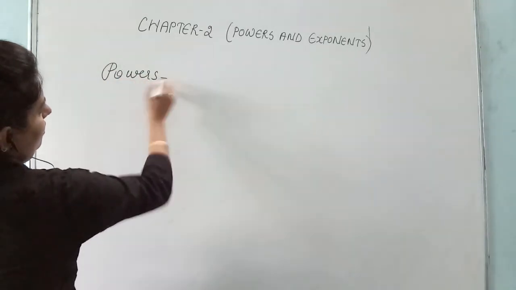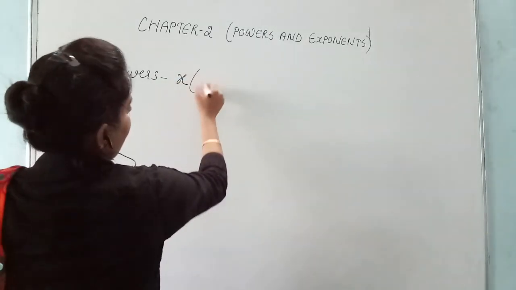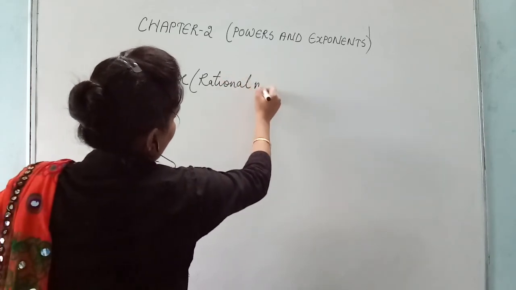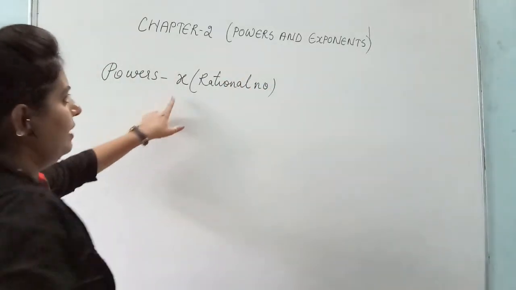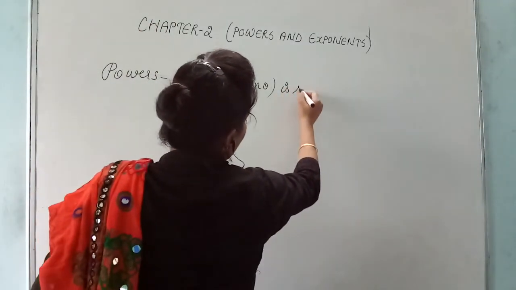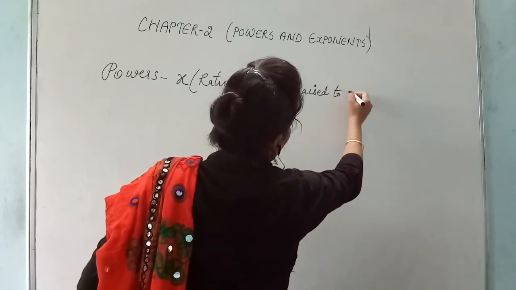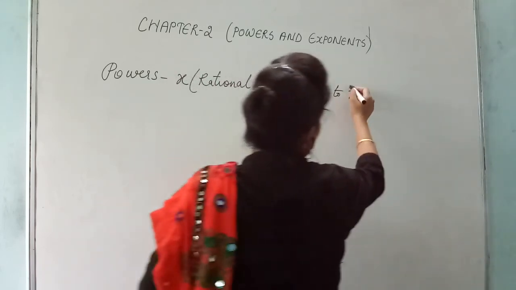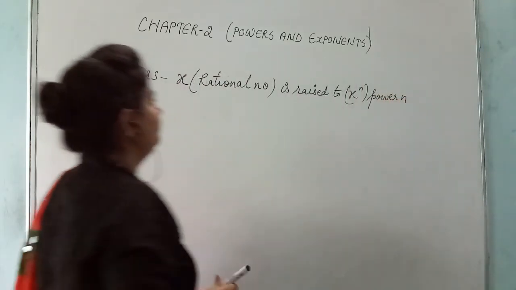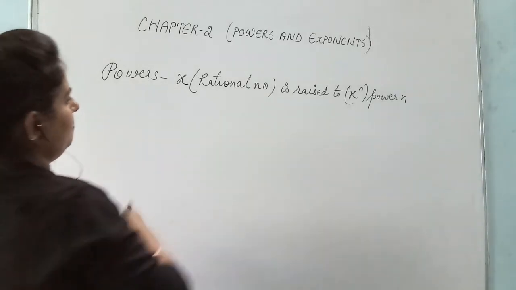Powers. When x is a rational number, it can be any rational number. When a rational number is raised to the power n, such numbers are known as exponent and powers.